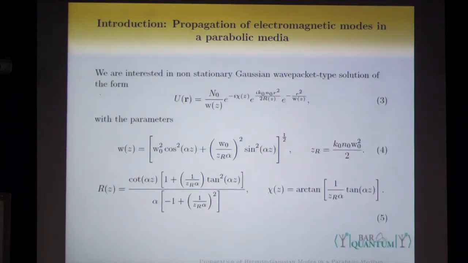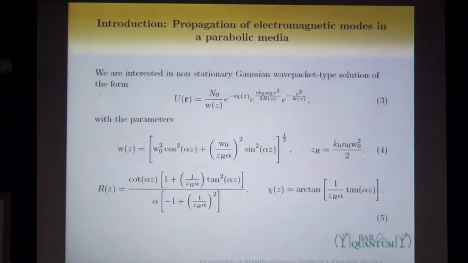That is to say, we are interested in light that behaves as a beam with a localized behavior, so we are interested in solutions of the Gaussian wave packet type. So we propose the solution for the last equation. In this part we have the Gaussian behavior, with the parameters W, R, and this letter, which is related to the behavior along the optical axis.